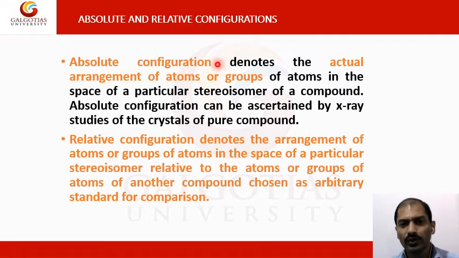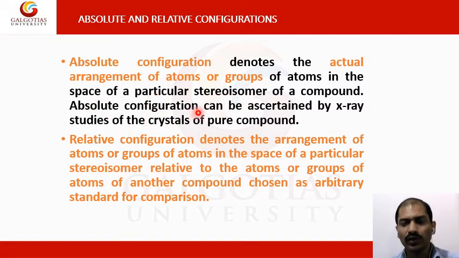So absolute configuration denotes the actual arrangement of the atoms or groups of atoms in space of a particular stereoisomer of a compound. If you have a compound that has different stereoisomers, this is very important because this is the actual arrangement of the atoms in a stereoisomer.